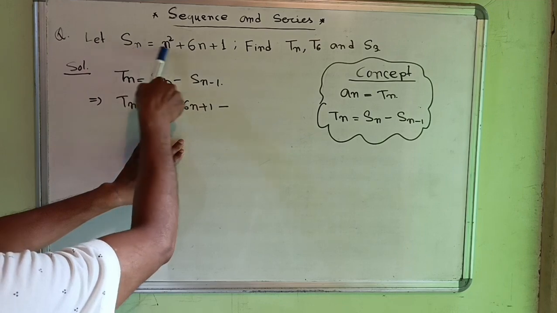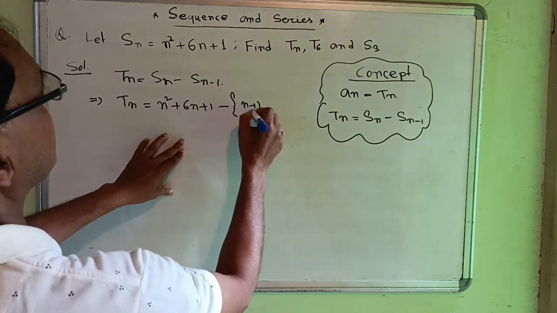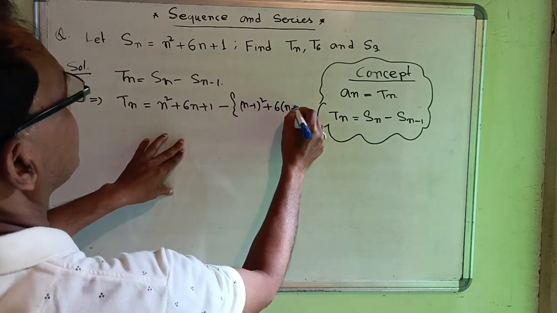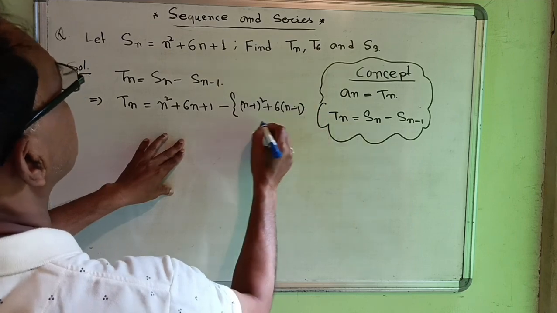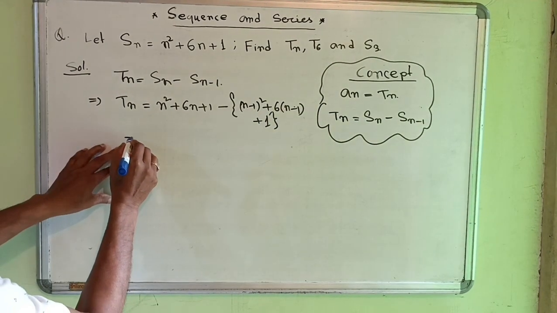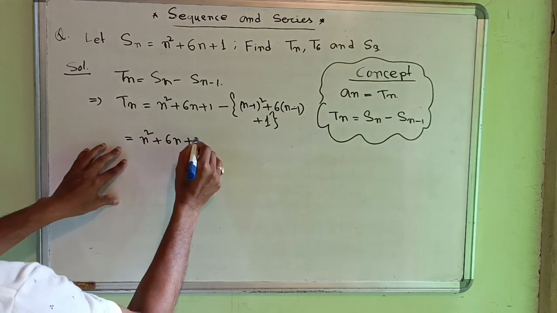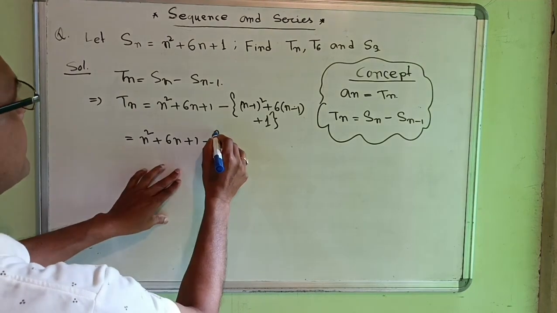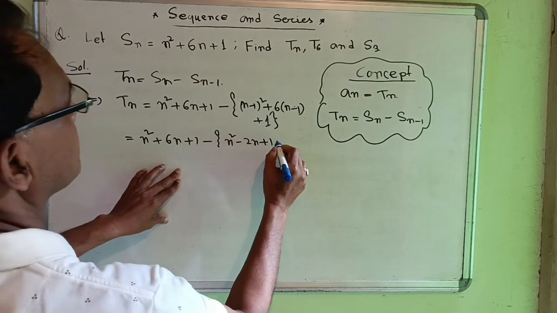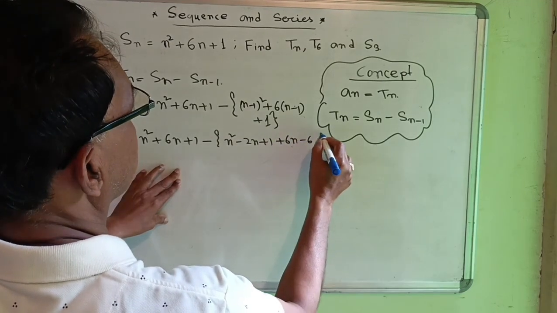If n becomes n minus 1, then we get (n minus 1) whole square plus 6(n minus 1) plus 1. After calculation we get n square plus 6n plus 1 minus n square minus 2n plus 1 plus 6n minus 6 plus 1.